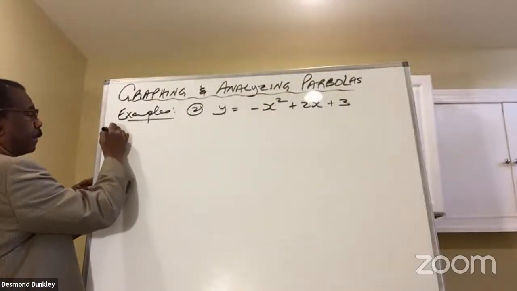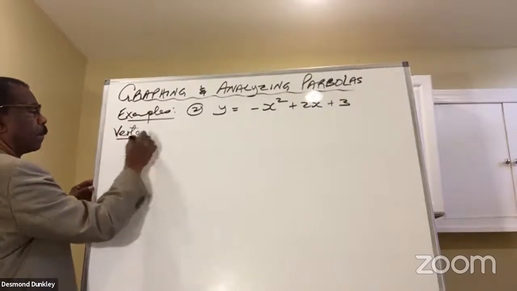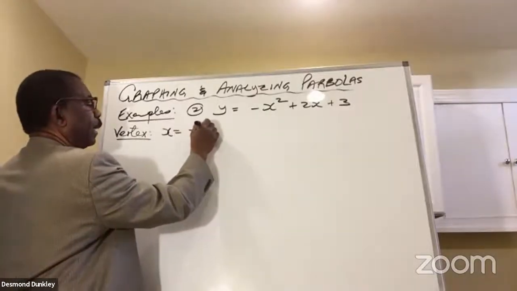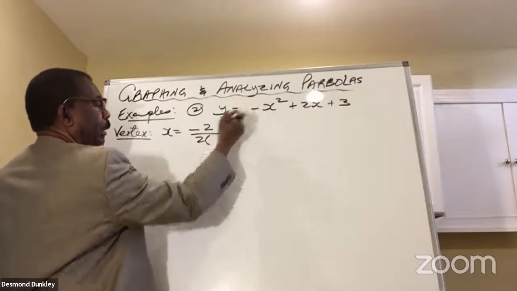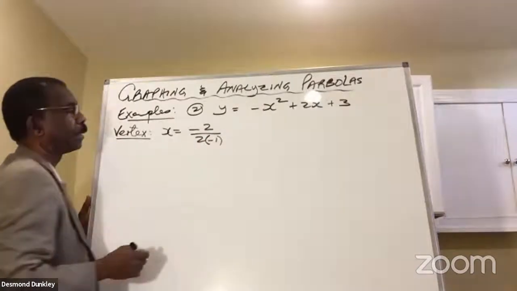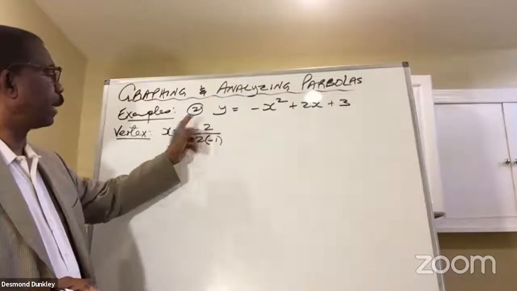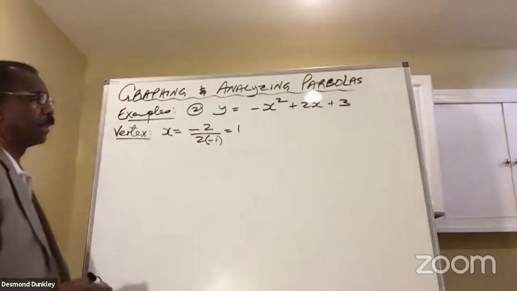So the vertex. For the vertex, we know x is equal to minus b, which is 2, over 2 times a, which is negative 1. A is negative 1, 2 times negative 1, and negative 2 on top. So we get x equal to 1.